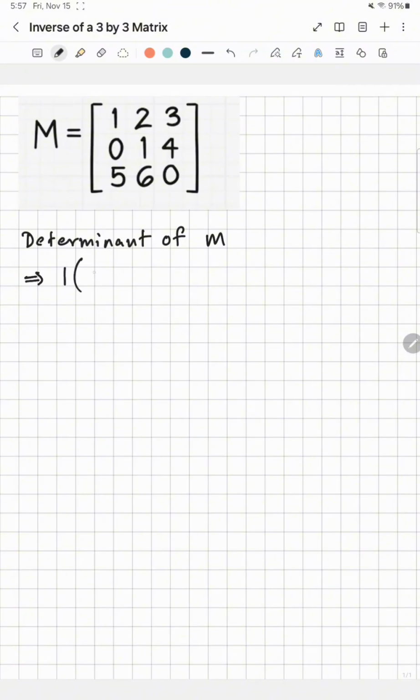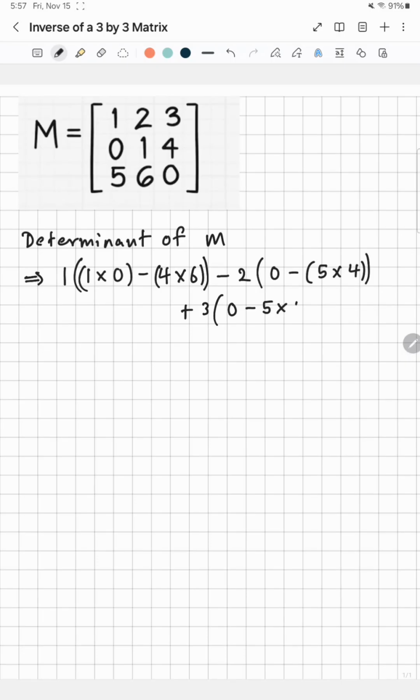So it's going to be 1 into (0 minus 4 into 6), close the brackets, minus 2 into (0 minus 5 into 4), close brackets, and plus 3 into (0 minus 5 into 1).